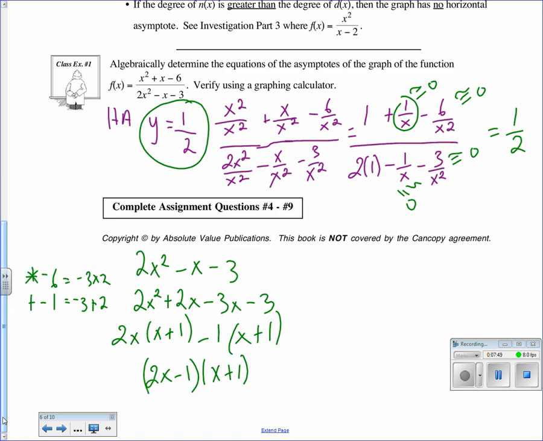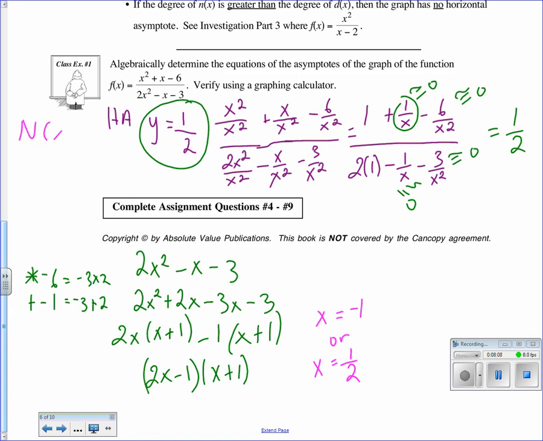That suggests to me that I'm going to run into problems when x is negative 1 and when x is 1/2. Now, the one thing that we should check is what happened in the numerator. In the numerator, I could also have factored.